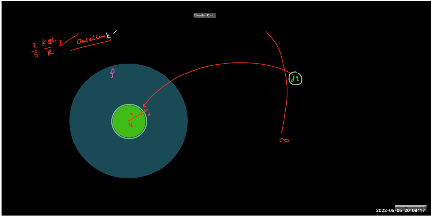Dipole will take some time, that's true. So we can stop here for the day, and in the next lecture we will finish the remaining portion of electrostatics.